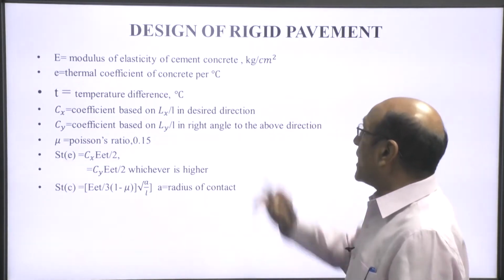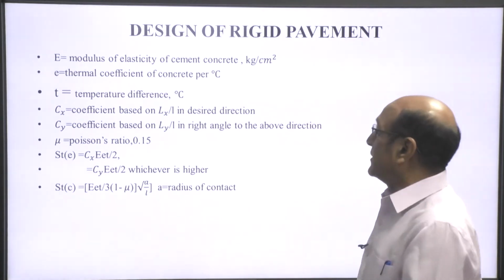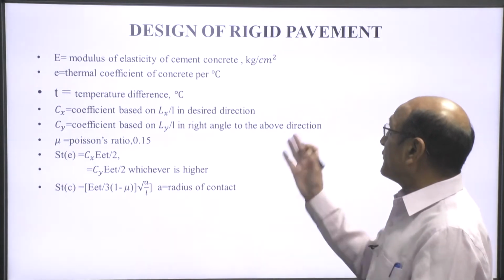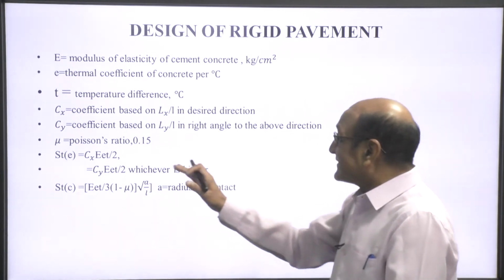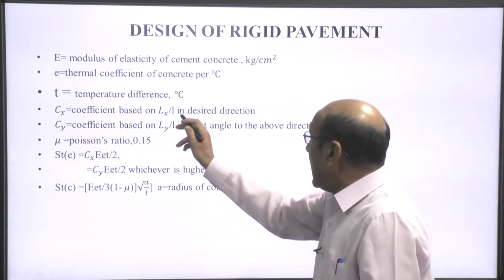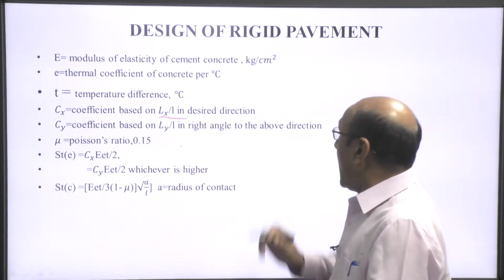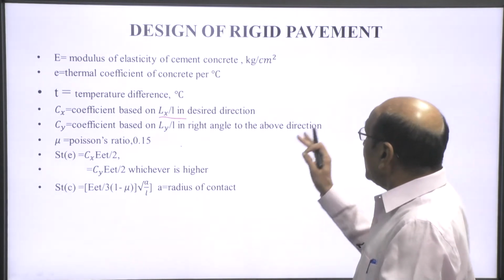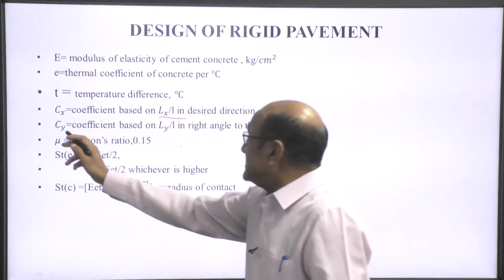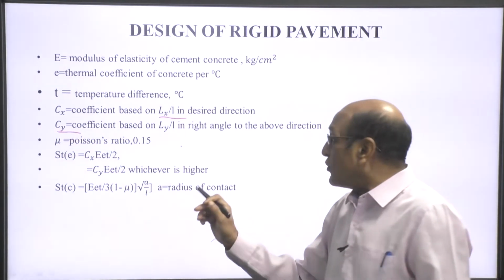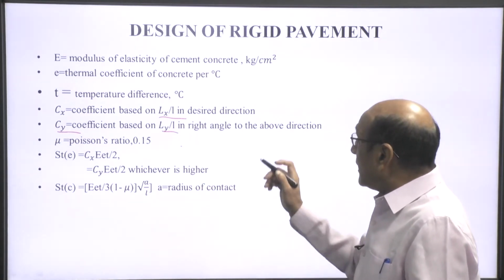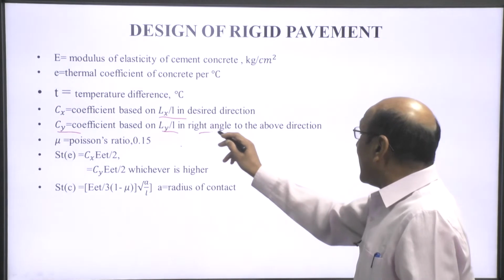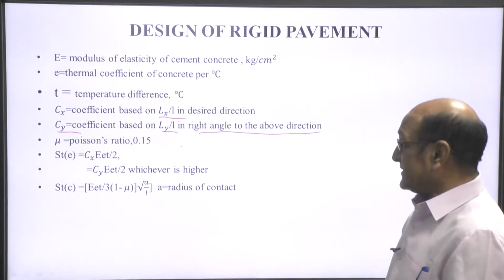E is the modulus of elasticity of the concrete, e is the thermal coefficient of the concrete per degree centigrade, t is the temperature difference, Cx is the coefficient based on Lx by l in the desired direction, and Cy is the coefficient based on Ly by l in the right angle to the above direction.